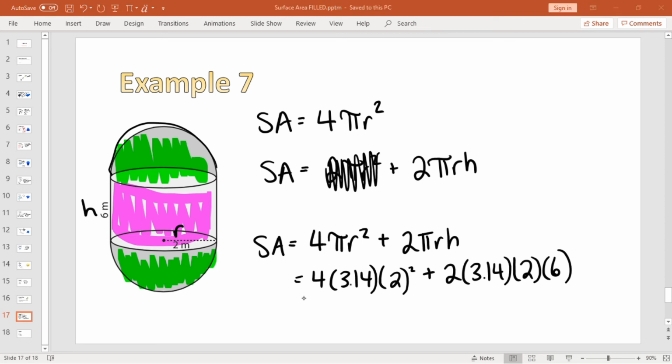And when we do this math, we're going to get about 50.24 for the first part from the sphere, and from the cylinder we're going to get 75.36. And our total surface area, outside surfaces only, is 125.6 meters squared.